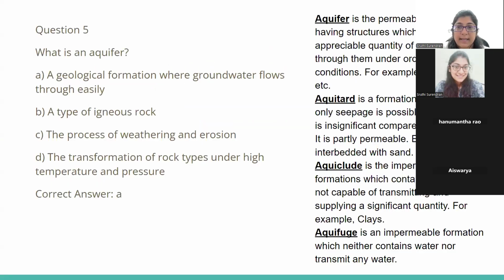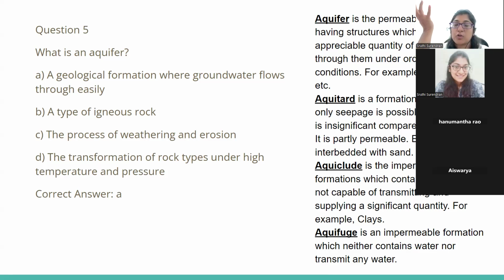Now, moving on to the second week, the definite part of the second week is what is aquifer, aquitard, aquiclude, and aquifuge. You have to figure out some way to know the difference between all these four components. Aquifer is a formation that can store as well as transmit water.